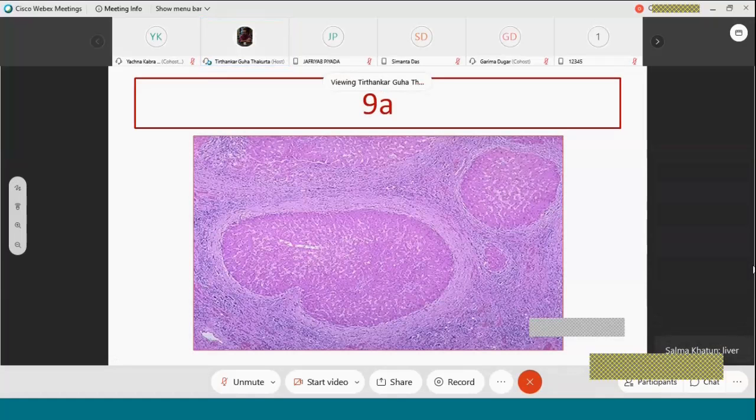Very good. These pink cells arranged in cord-like structure are typically liver cells. And in between the liver cells, we can see cords of fibrous tissue running with lymphocytic infiltration. So what is your diagnosis? Diagnosis is cirrhosis of liver.